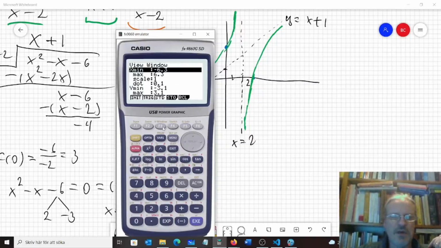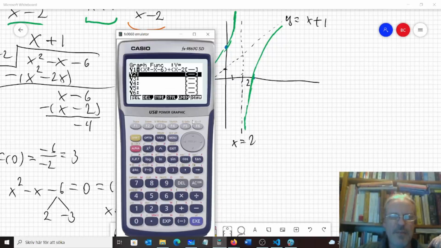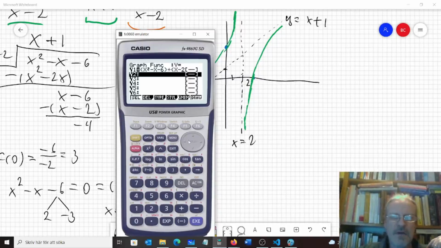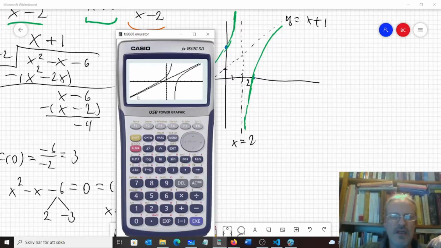I will zoom out a bit here by going to the standard setting, so we see a little bit more of it. And we can actually add the graph of the oblique asymptote. So I will add x plus 1 here, and draw this, and we can see this asymptote here, right? And then we have also the asymptote through x is 2 over here.